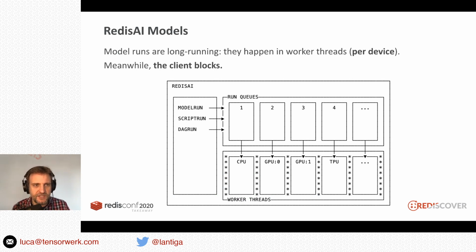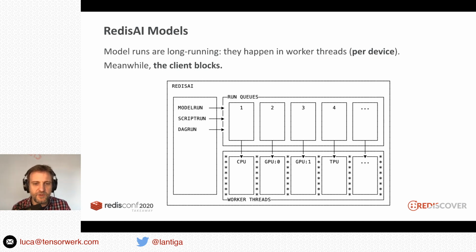Execution, of course, as you can imagine, is a long-running process. So instead of doing something in the main thread that would block RedisAI from serving requests, we run computation in worker threads. It's in a configurable number of worker threads per device. And per device because you don't want a computation on the GPU to wait for its counterpart on the CPU to finish.